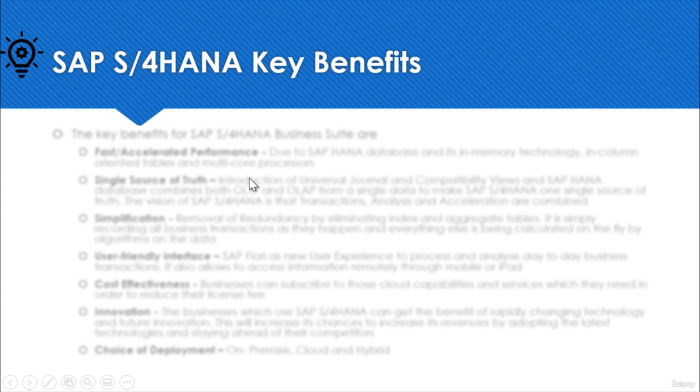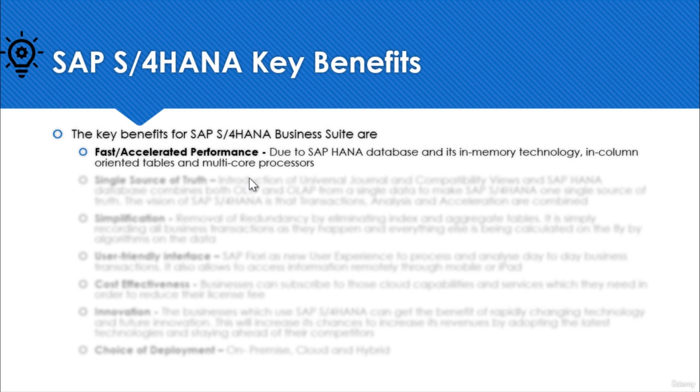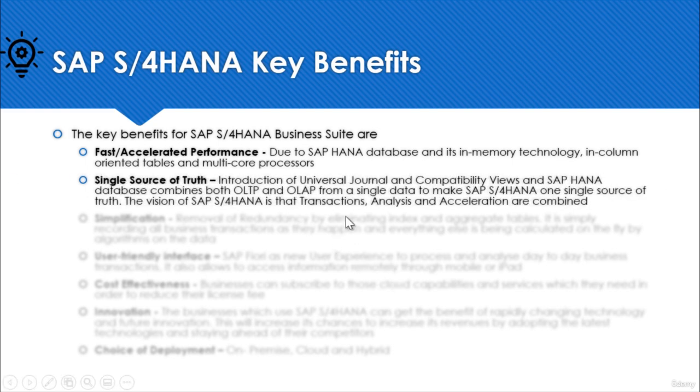Now I will briefly explain the SAP S4HANA key benefits, which we have discussed in our previous slides. The key benefits of SAP S4HANA Business Suite are, first, fast or accelerated performance, due to the SAP HANA database and its in-memory technology, column-oriented tables, and multi-core processors. Second, a single source of truth: introduction of the universal journal and compatibility views, and the SAP HANA database combines both OLTP and OLAP from a single data set to make SAP S4HANA one single source of truth.